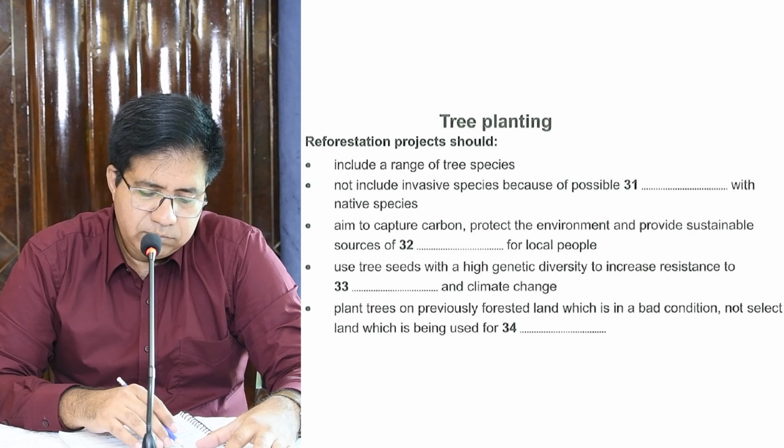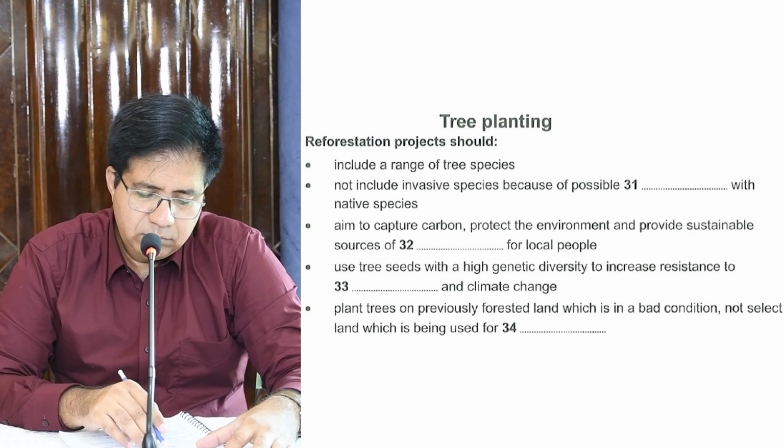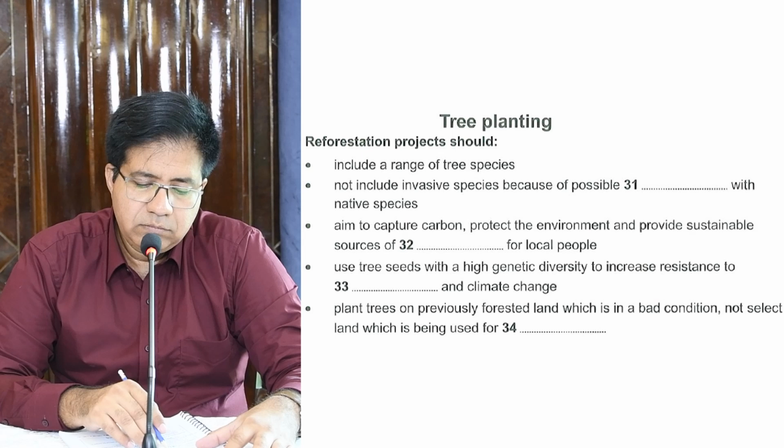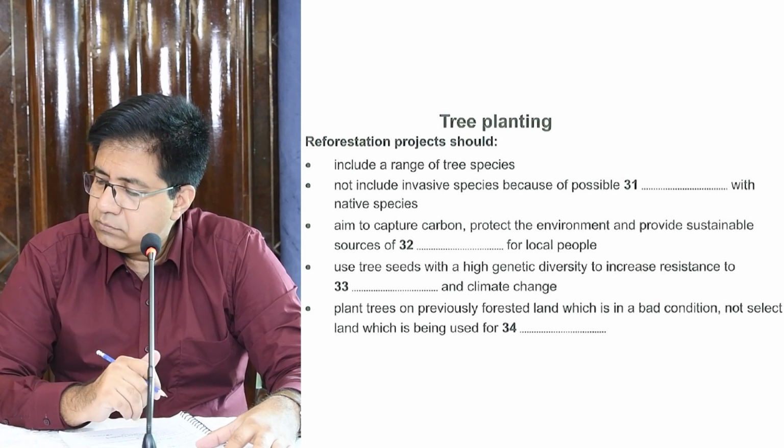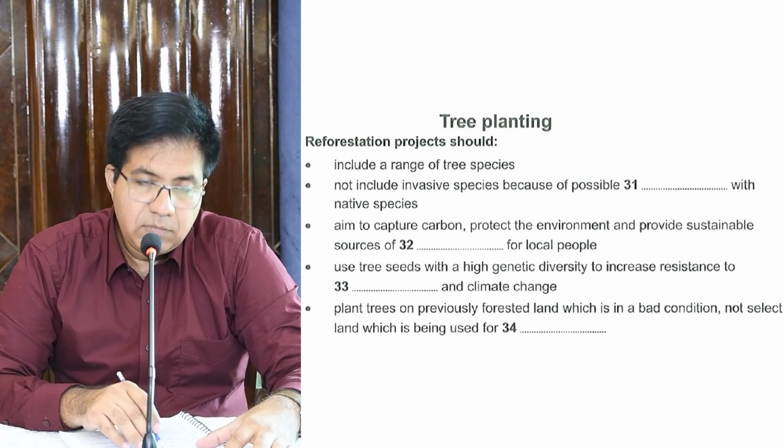It would also be advantageous to choose an area where trees could provide other benefits, such as recreational spaces. Reforesting areas which are currently exploited for agriculture should be avoided, as this often leads to other areas being deforested.